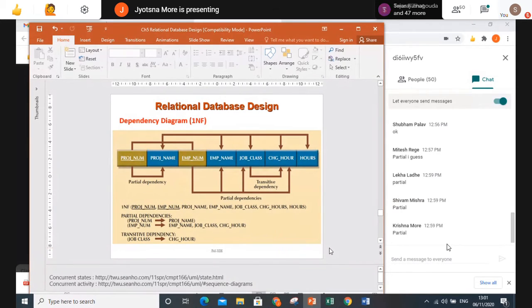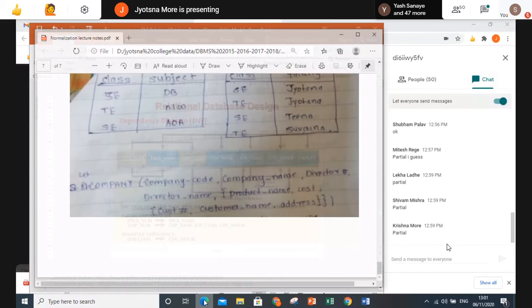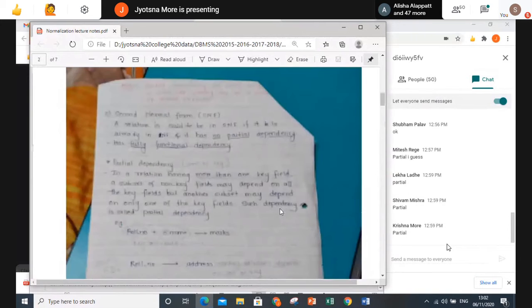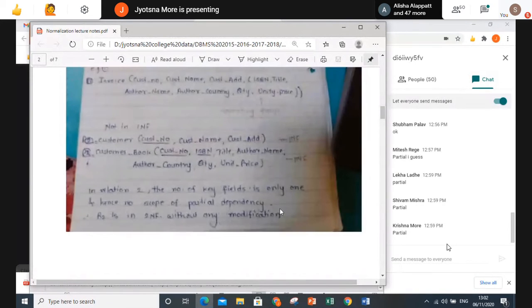Now we'll go for 1NF. So write down 1NF. Next line, 1NF, highlight it or underline it, whatever. We are going to give the solution for that. Okay, fine. Then write down next R, capital R1. I'll just show the example from my notes on how to write. Write down something like this.